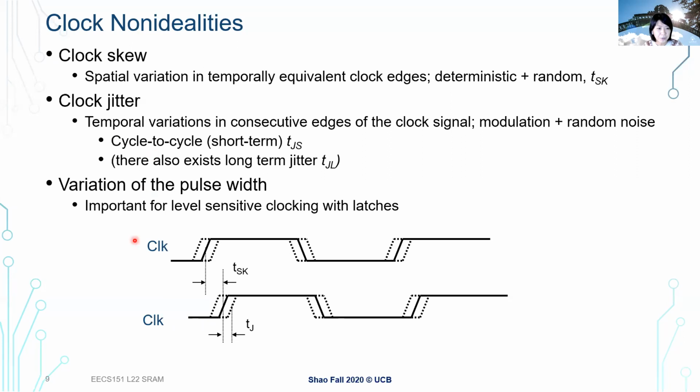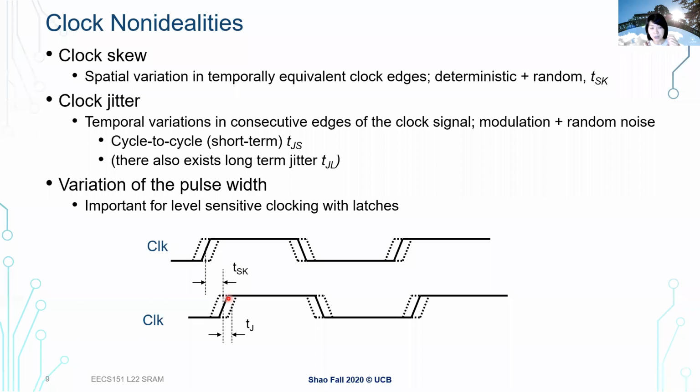Like in this example, you have two flip-flops, each driven by their own clock signal. It's entirely possible that the clock signal for the first flip-flop arrives earlier compared to the clock signal for the second flip-flop. In both cases, the solid line here, the arrival time for the clock signal of the second flip-flop is later.